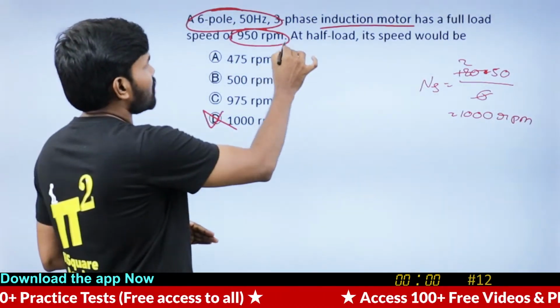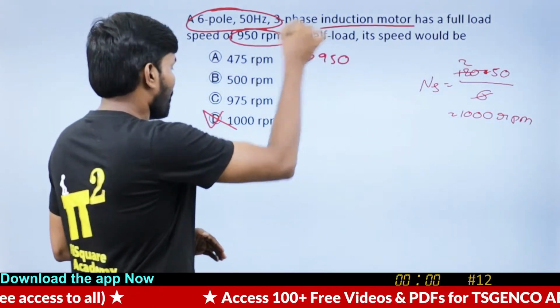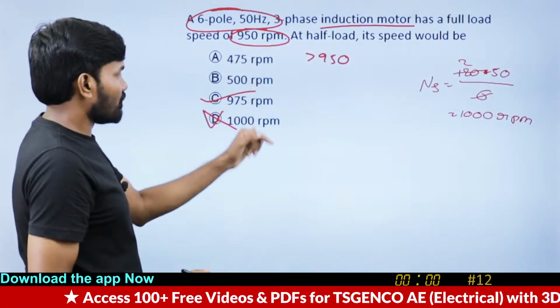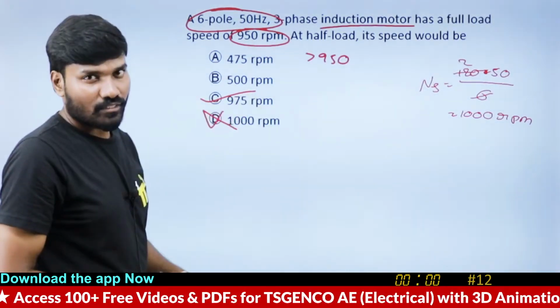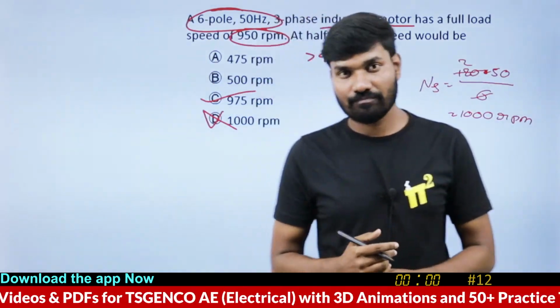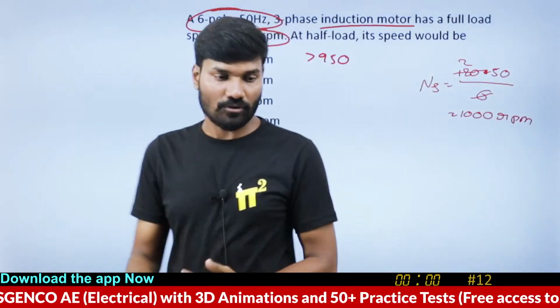Not 950. Speed is greater than 950 but less than 1000. So the only option which is matching is C. This is not a numerical type question. This is a concept based question. You have to apply the concept. You may think it's numerical, but it's not.